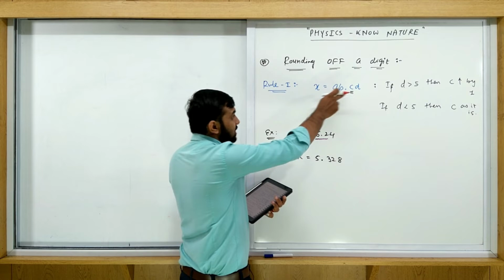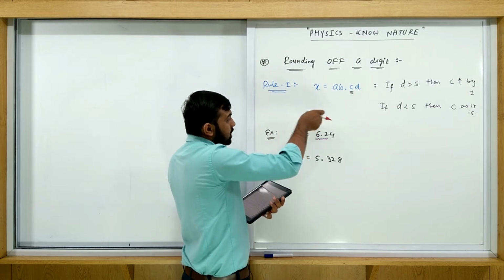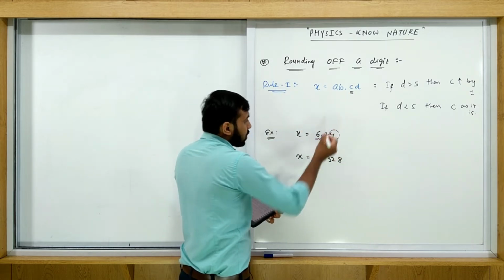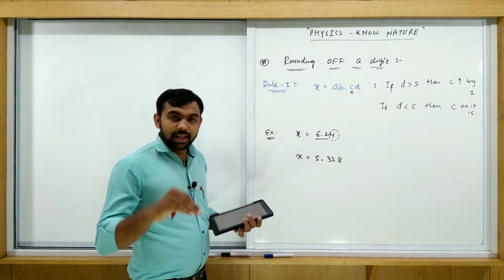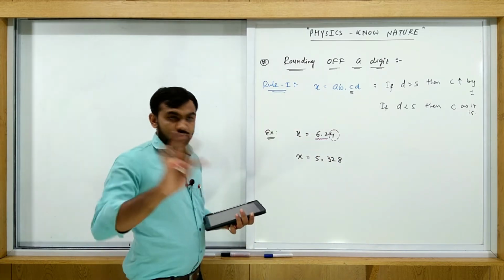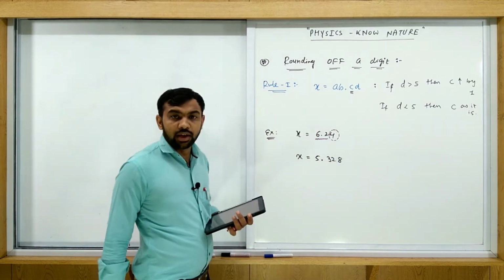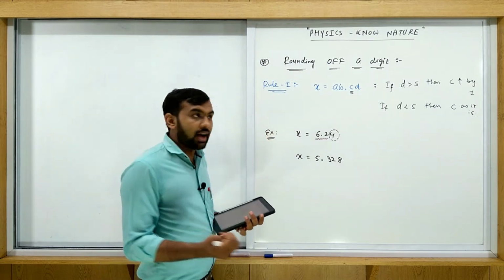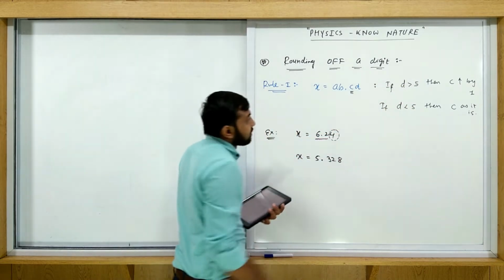So here the number is in this form, ab.cd. What do you think about this 4? Is 4 less than 5 or greater than 5? It is less than 5. So what is the rule for less than 5?